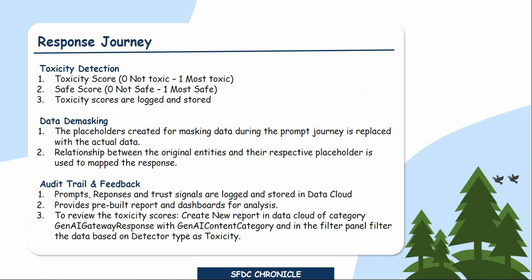When the response comes back and the Einstein Trust Layer needs to demask the data, it will demask using that placeholder. It replaces channel 1 or channel name with SFDC Chronicle again. That is how demasking works. So it maintains the relationship between the original entity and its respective placeholder so that it can map the correct data when the response comes back from the LLM system.